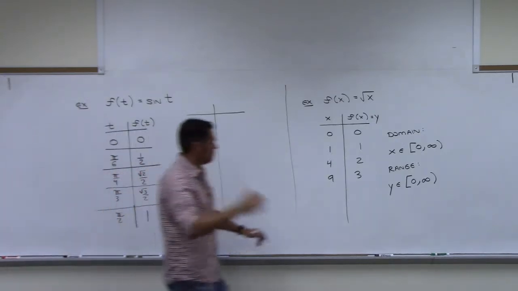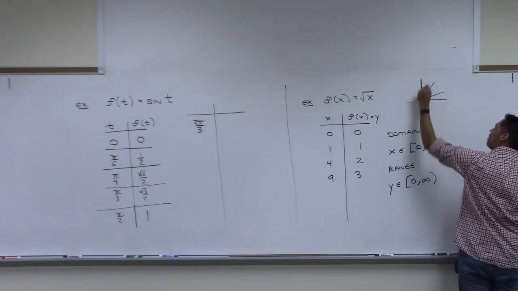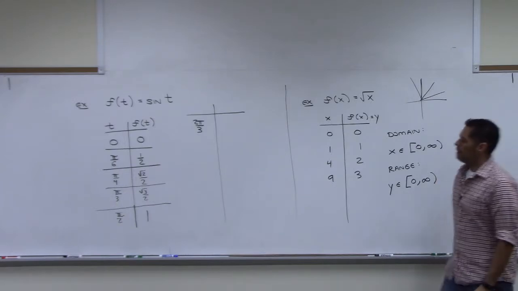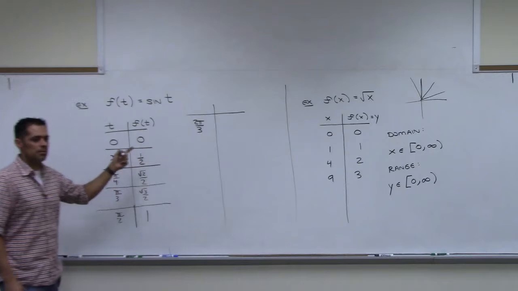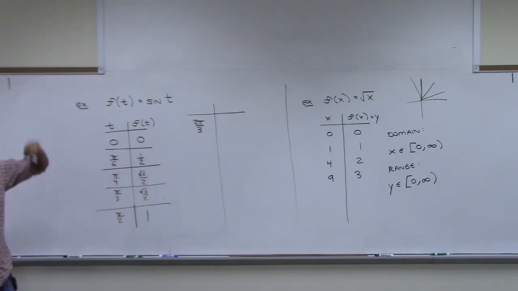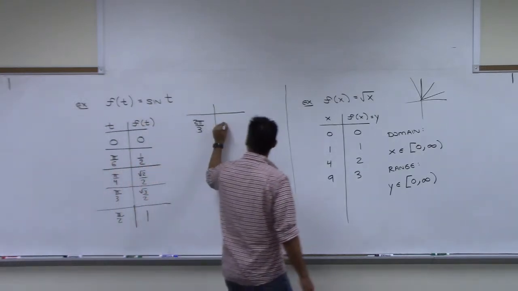Yes or no? Pi over 6, 2 pi over 6, 3 pi over 6, 4 pi over 6, right? Which reduces to 2 pi over 3. So what is the y coordinate here? Negative root 3 over 2? Oh wait, that's right. Positive root 3 over 2?